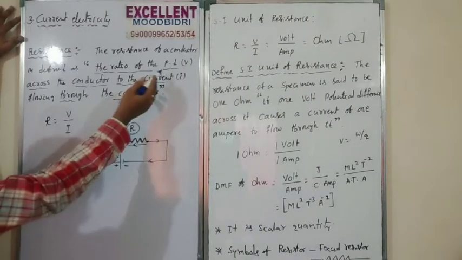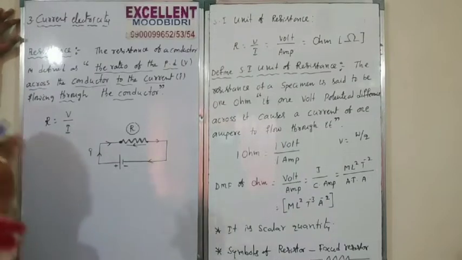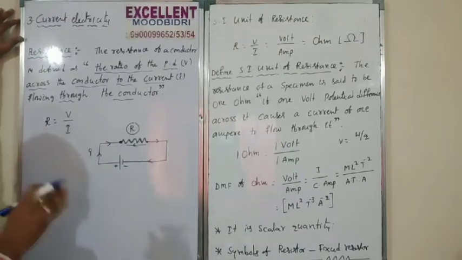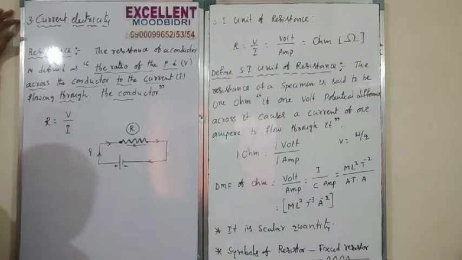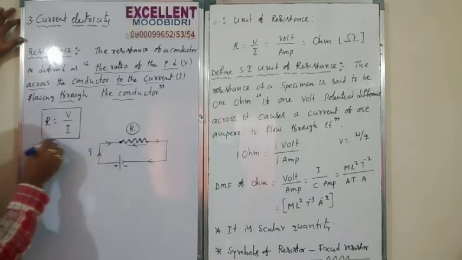The ratio of potential difference across the conductor to the current flowing through the conductor is known as resistance.